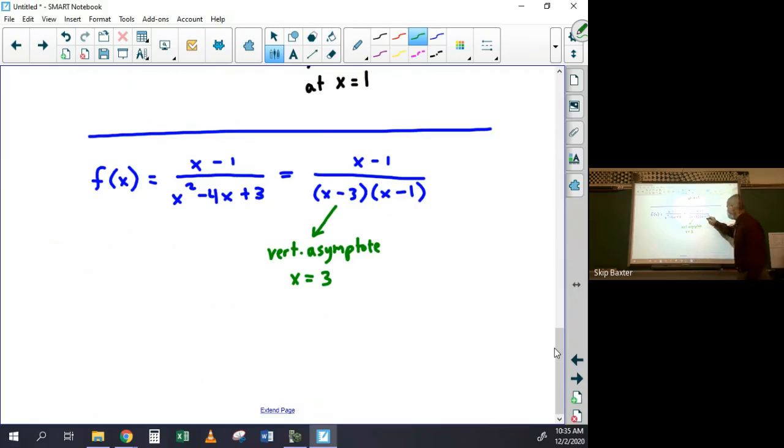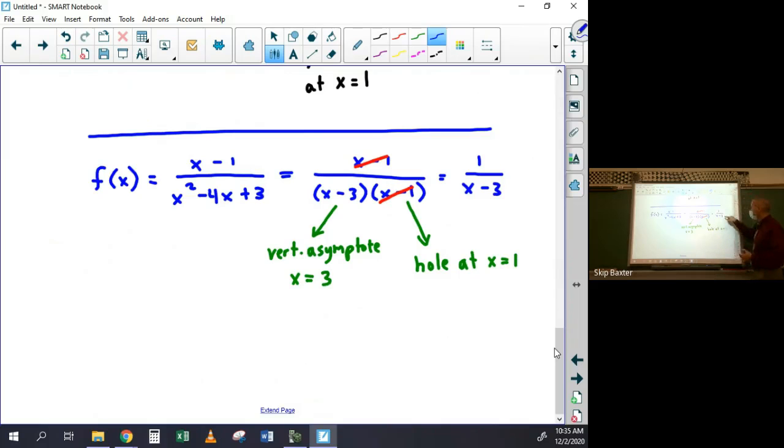There's a hole at x equals 1, but you have to actually find the y-coordinate that goes along with that. To find it, you simplify the fraction as much as you can, which would be 1 over x minus 3, and then just substitute 1 into x here. Does that make sense?